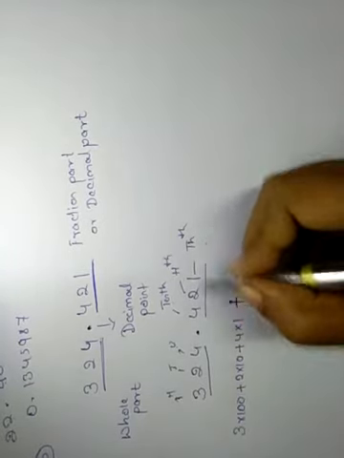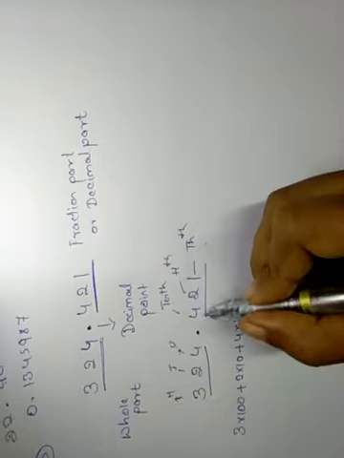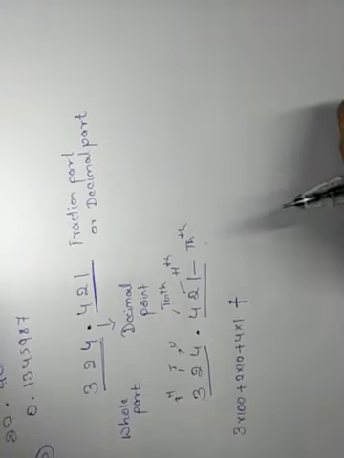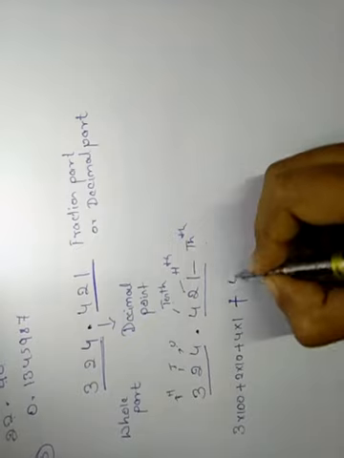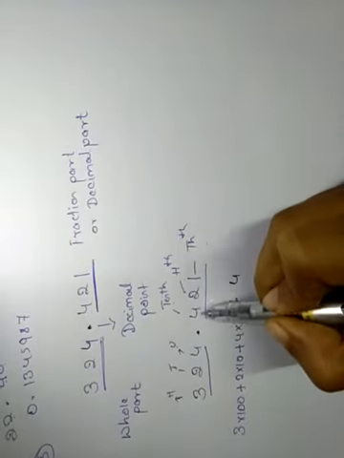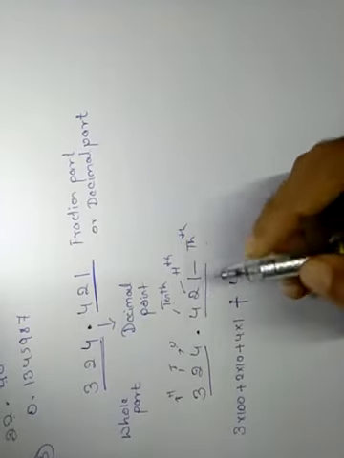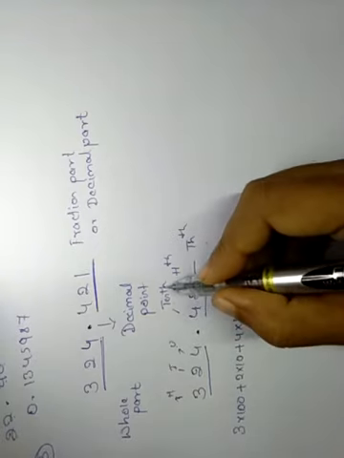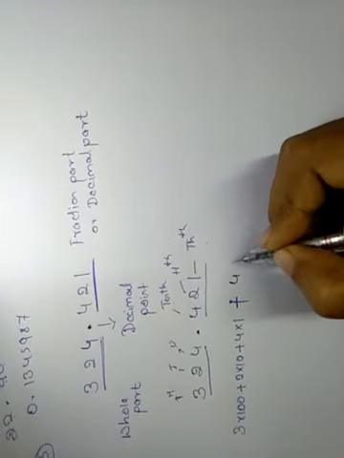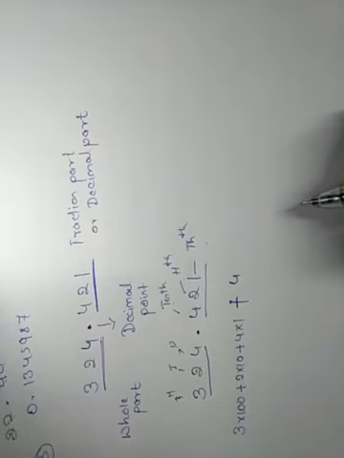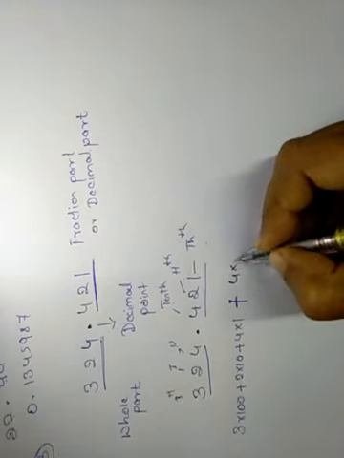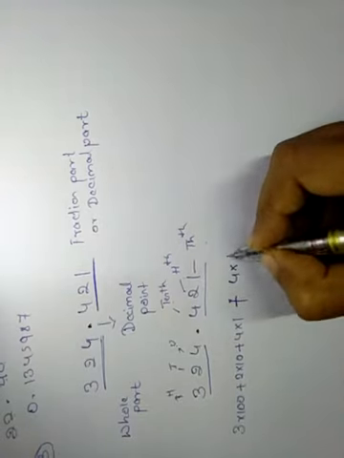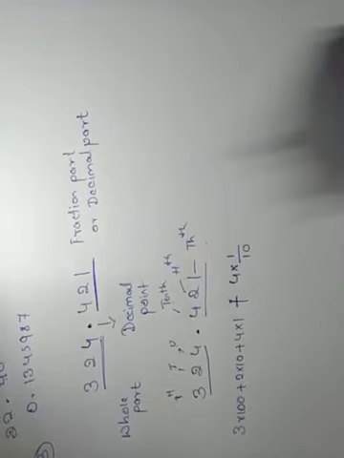Now how to write the expanded form of this decimal part or fraction part? 4 is there, right? As I told, this is the fraction part, so 4 is in the tenth place. So we write that tenth place in fraction form, that is 1 by 10, right?